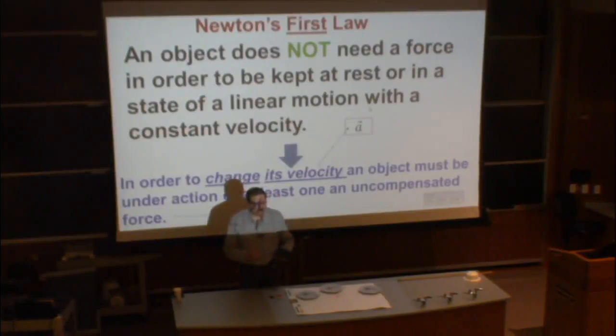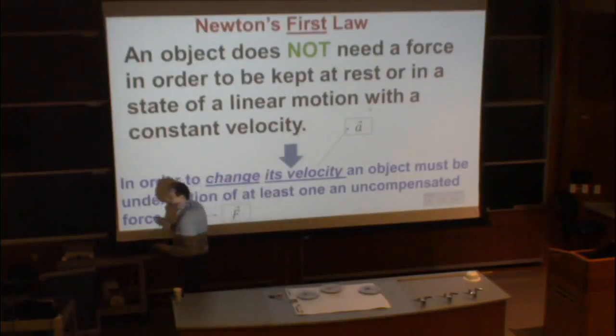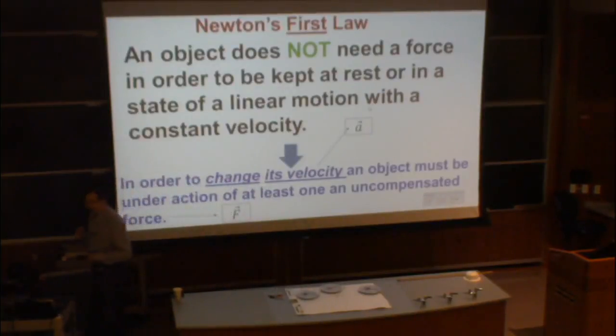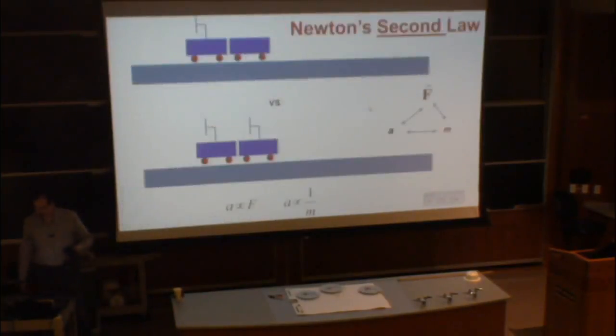You don't need to apply force to keep an object moving with a velocity. Net force is zero, or no forces at all. It will be traveling at constant velocity or being at rest. That's the first law. But if you want to change velocity, we have to apply net force, which is not zero. And that's the second law.